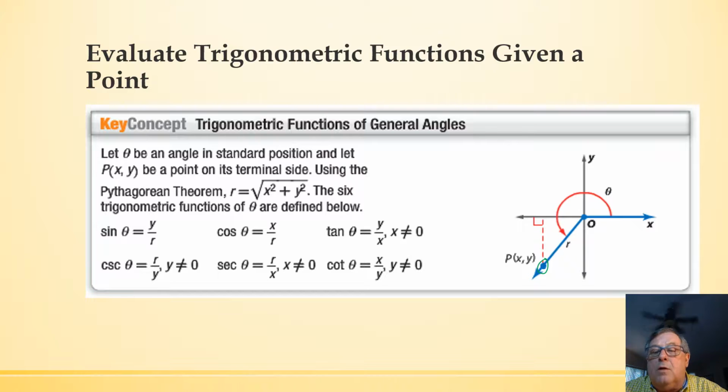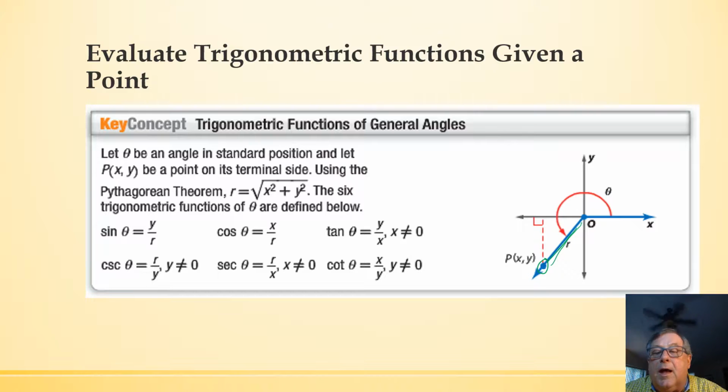Now what we don't know at this point to find all the trig functions is the measure of this terminal side, and it's designated by the variable r. And again, this is all going to lead us to the unit circle.